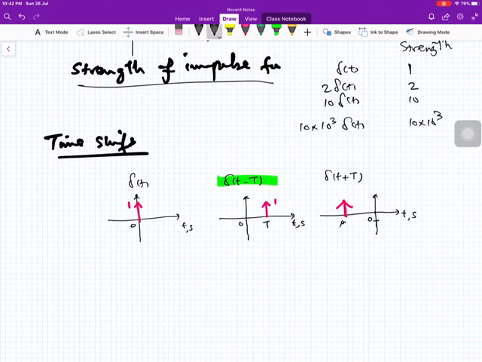So this is delta t plus t. We have shifted the origin to positive side. And delta t minus t, we have shifted the origin to the negative side. This is the original impulse function without any shift.